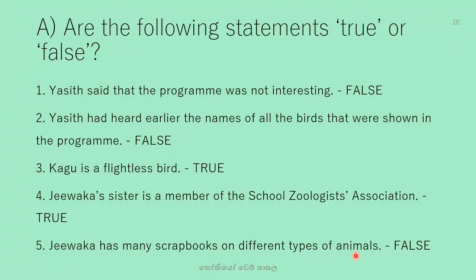This is false. Why? Because Jivaka said his sister has many scrapbooks. It is his sister who has many scrapbooks. Okay, so I hope you got all these correct. And now let's move on to part B.